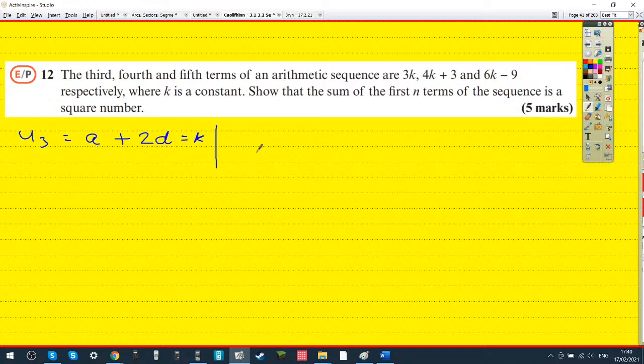How do you find D? Oh, the difference. So 4K plus 3 minus 3K is K plus 3. Yeah. So that's D.